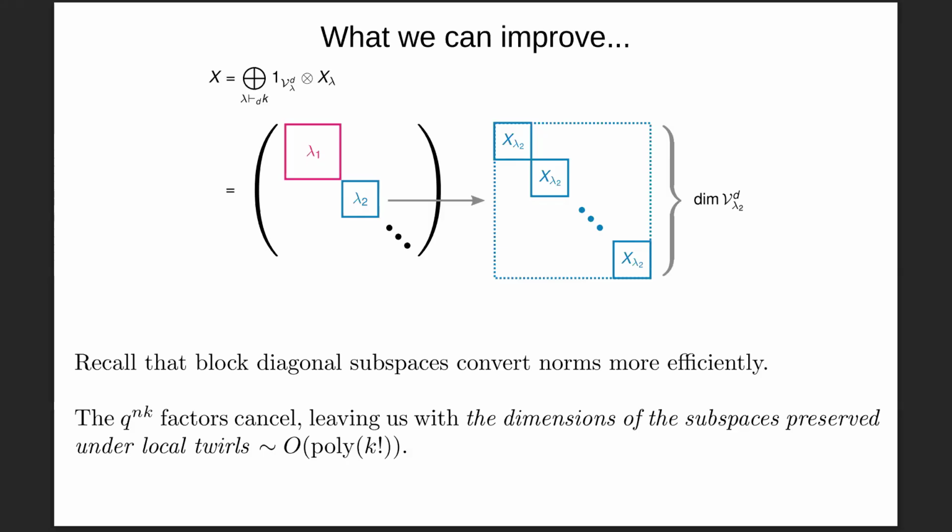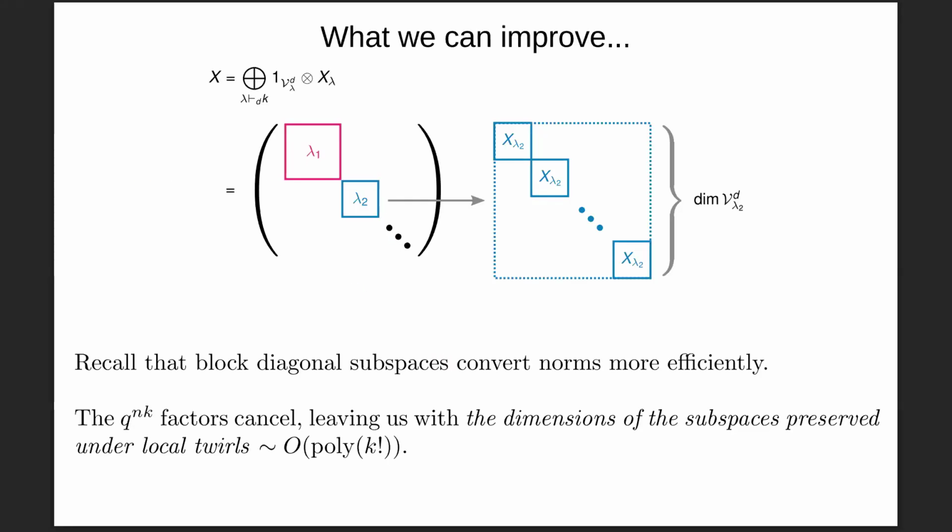Those are all multiplicity subsystems. We're left with irreps of the k-fold permutation group, but there's only potentially k factorial dimensions, or ways to permute something that has k distinct sites. So the only effective dimension that's coming in is polynomial in k factorial.